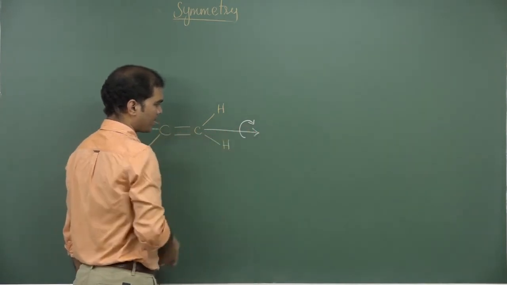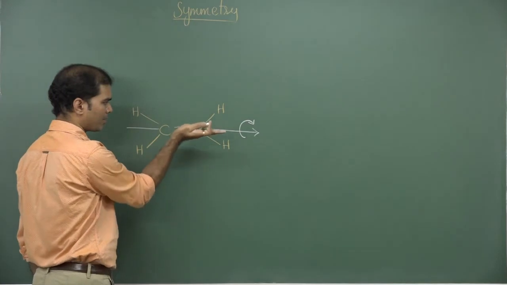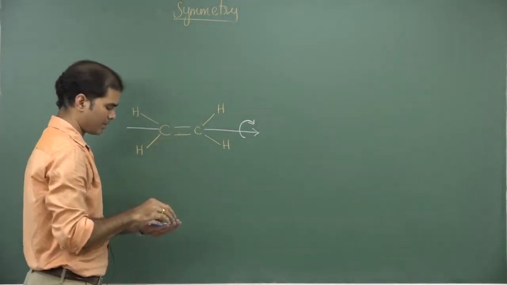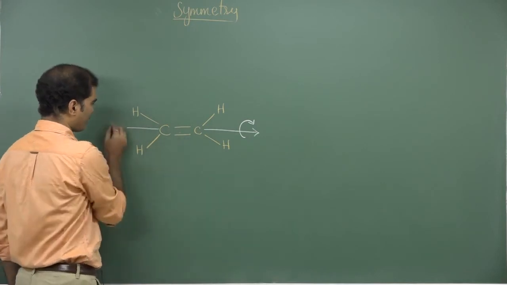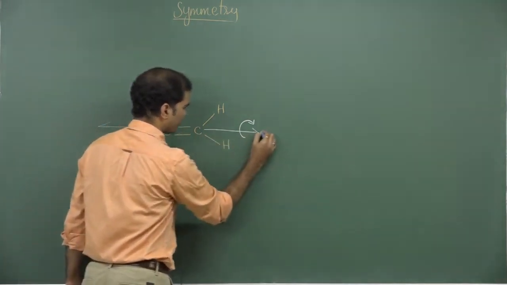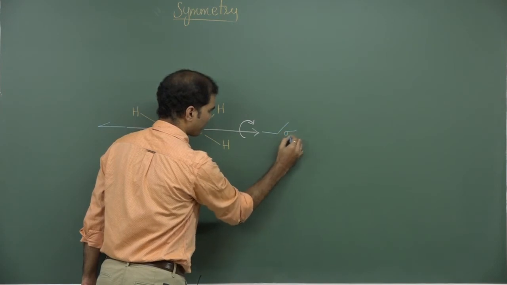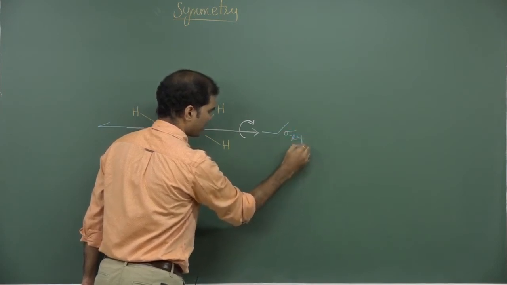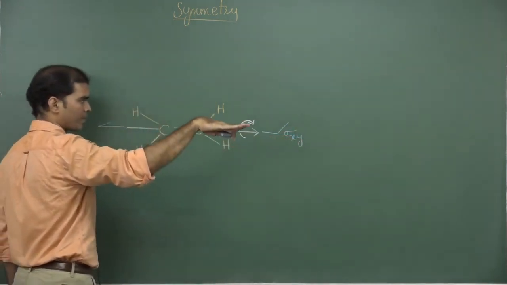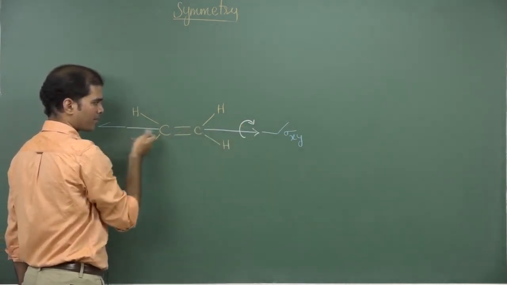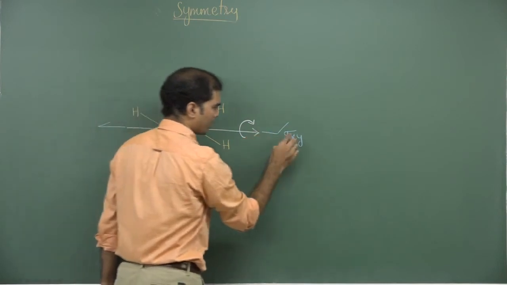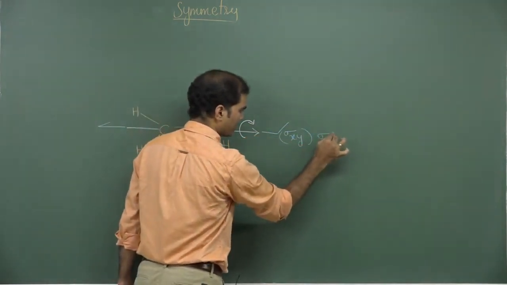Once this is the principal axis, any plane which is parallel to it should be sigma V. Now let me pass a plane. I am passing this plane, which is a sigma xy plane. If I pass a sigma xy plane which is parallel to the principal axis, therefore this sigma xy, now we are calling it a sigma V.